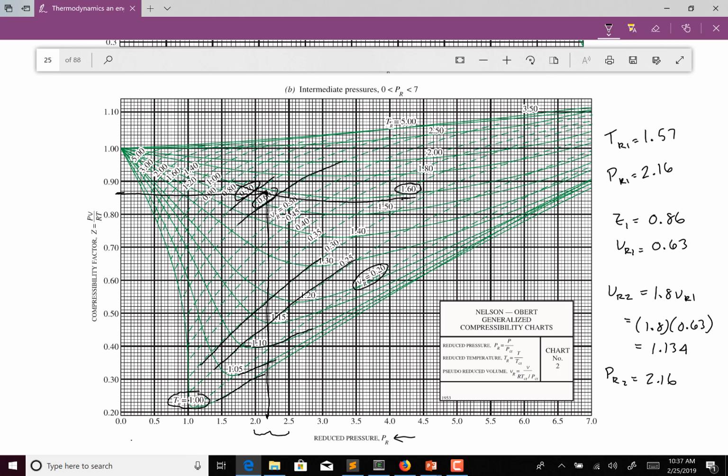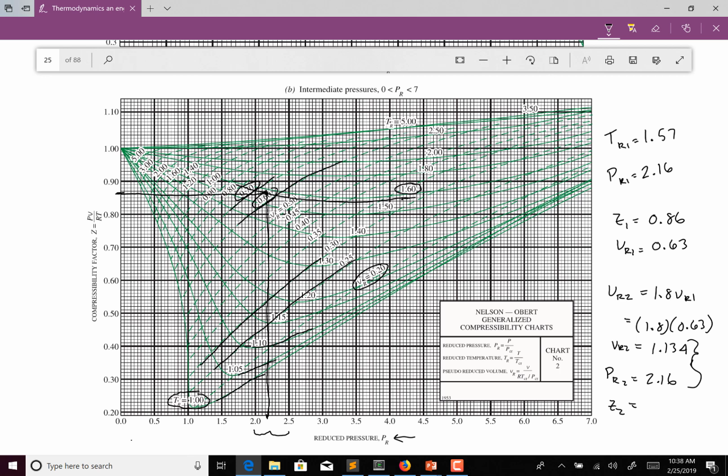So what we can do is find the Z value, Z2. Let's put this as VR2. We want to look up these two values on the chart to get our Z2 value, our compressibility factor at state 2.